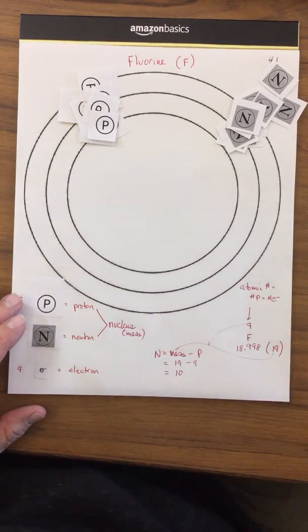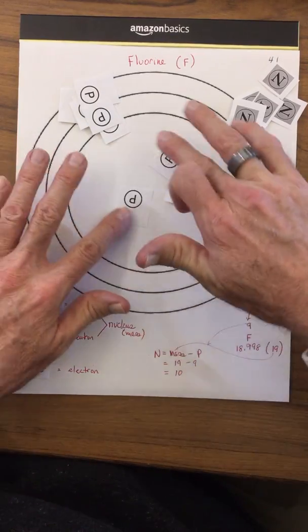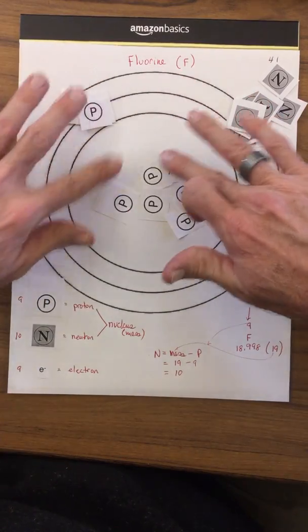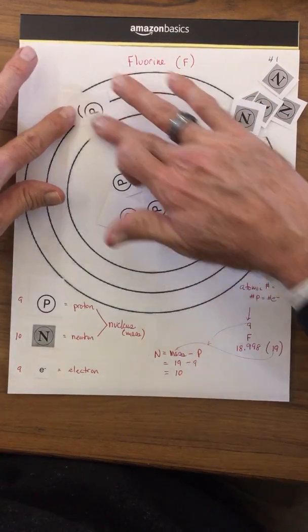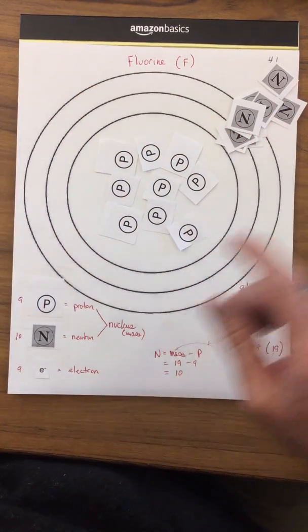That's all going to go in the middle here. It does not matter how these are arranged. I'm just going to put them like this. I just want to make sure all these protons are visible, and it's going to look something like that.